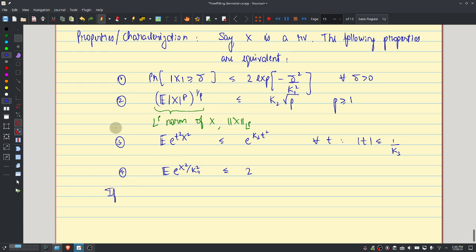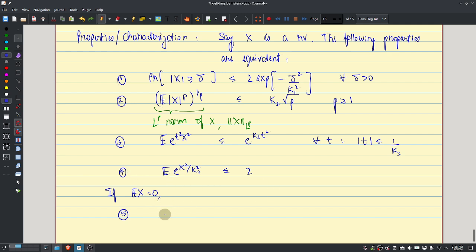Okay, so all of these four properties are equivalent to each other, but in addition, if we have expected value of x equal to 0, so if it's a zero mean random variable, then this is equivalent to all of the other four.